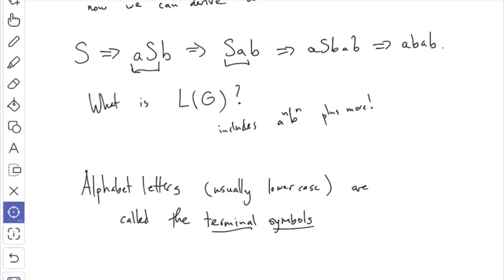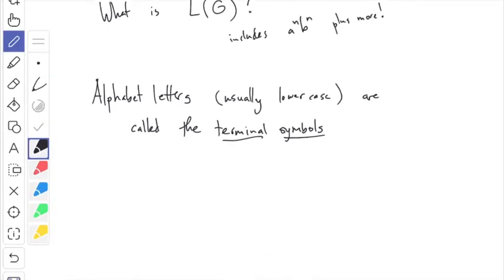And then the other ones, like in this example, the big S, those are called the non-terminal symbols. So the alphabet letters are called the terminal symbols, and the others, which usually I'm going to write as uppercase, just so that you can tell at a glance which is which, this is not required mathematically, but it's convenient.